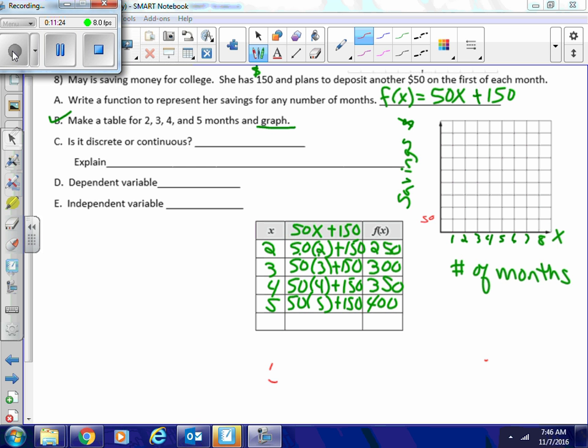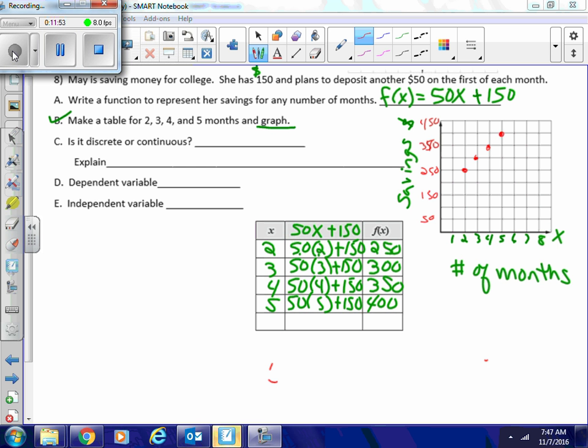So if this is 50, this is 150, and 250, 350, and 450. Okay, so our first ordered pair is 2 and 250, and that would be here. And then 3 and 300, 4 and 350, and 5 and 400.